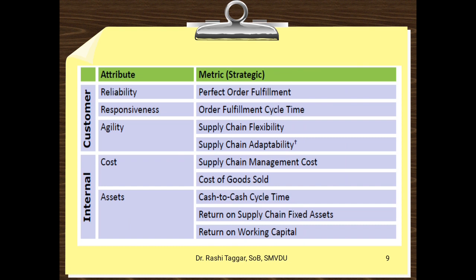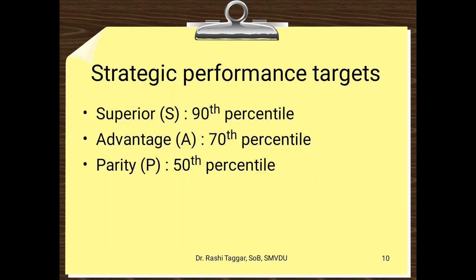Internal metrics are measured in terms of cost and assets. Then, the metrics are compared with the best-in-class organizations in terms of percentage and number of days as the superior, advantage, or parity performance.